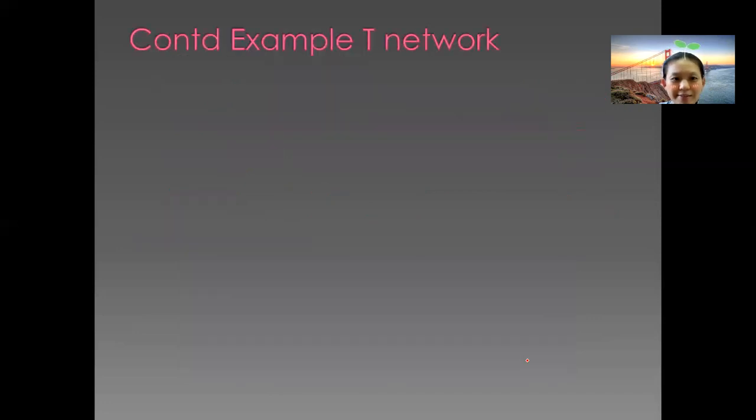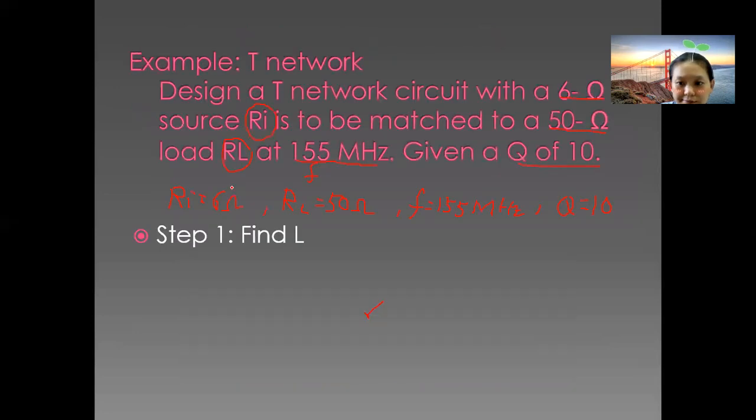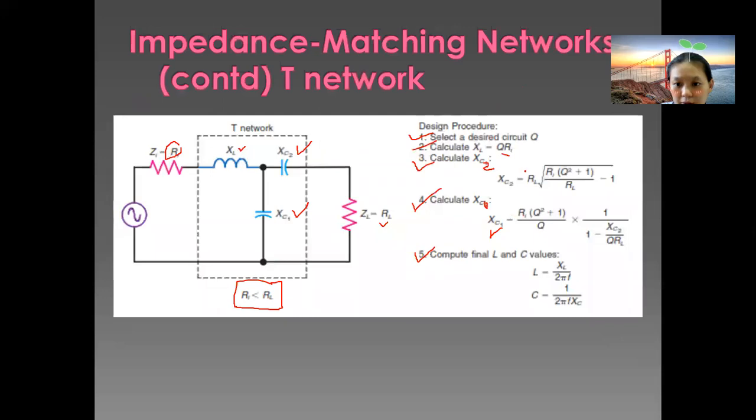Next, we continue with the second step to find the C2 capacitor. We can refer back to this formula. RL is 50, R in is 6, Q is 10 squared plus 1, divided by RL 50, minus 1.